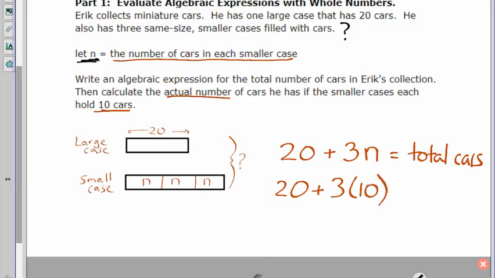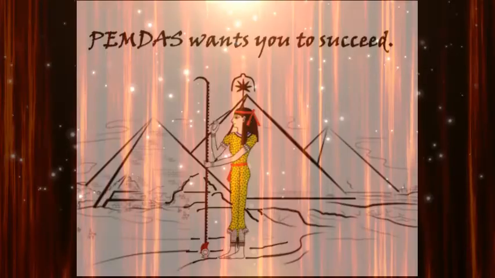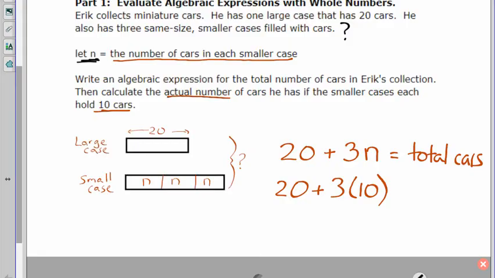I like to substitute in and use those parentheses to show that's the value I just put in. Order of operations. Mighty PEMDAS says you see an addition, you see a multiply, you got to multiply first. So I'm going to make that 3 times 10 is 30 plus 20. And if I add those together, I get 50 total cars in his collection.